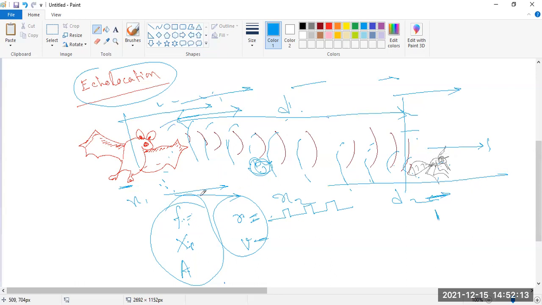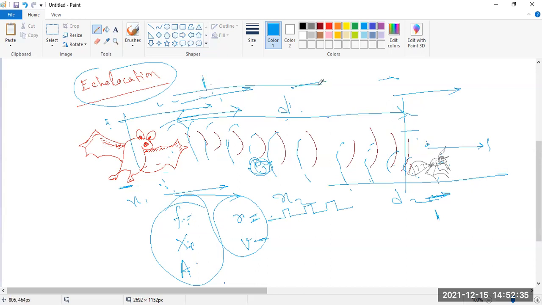Now the bat can change and adjust its frequency. Bat can change its loudness, because if the prey is far away and the loudness is high, say this is one, the creature cannot hear it.